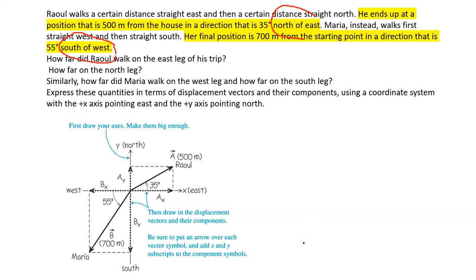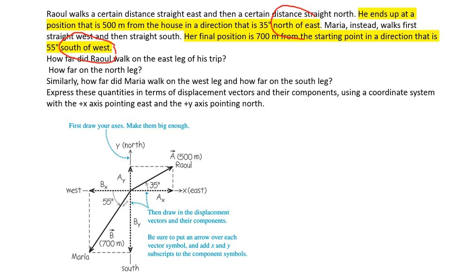So that's how north of east works: you want to go to the east, but you direct 35 degrees. And the other one, south of west: you want to go to the west, but you go south 55 degrees, right?